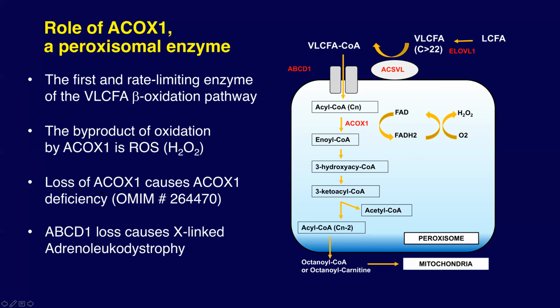I'll first refer to you about the loss of ACOX1, which causes a very severe disease called ACOX1 deficiency. And I'll show you that the patients from the UDN do not have a loss of function phenotype, but a gain of function phenotype.